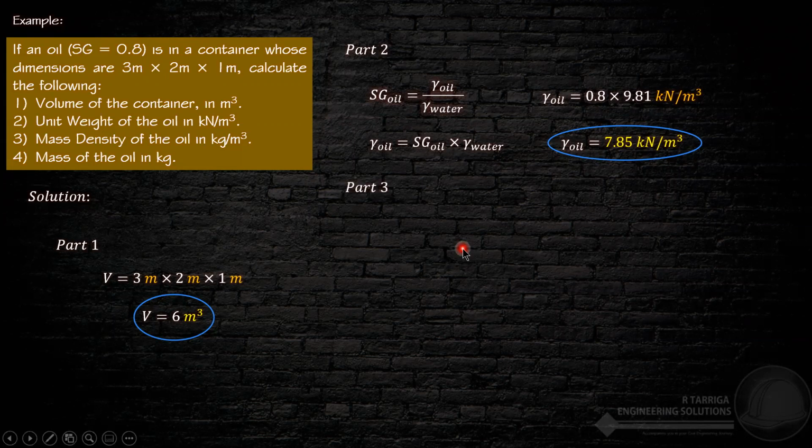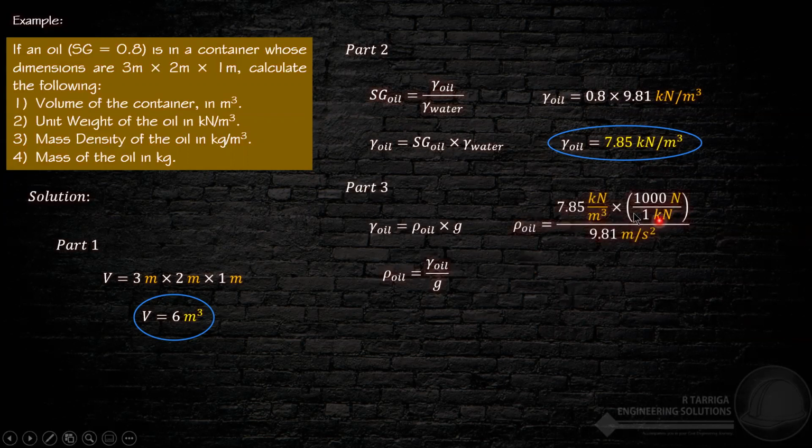So part 3, mass density. We will use the relationship that unit weight is equal to density times gravity. So we rearrange, that will give us this relationship. Substitute all of the values. Unit weight is 7.85 and g is 9.81 meter per second squared. But let me remind you, be careful.